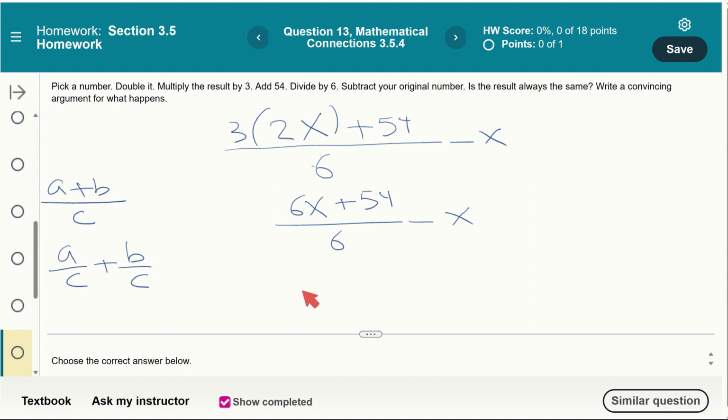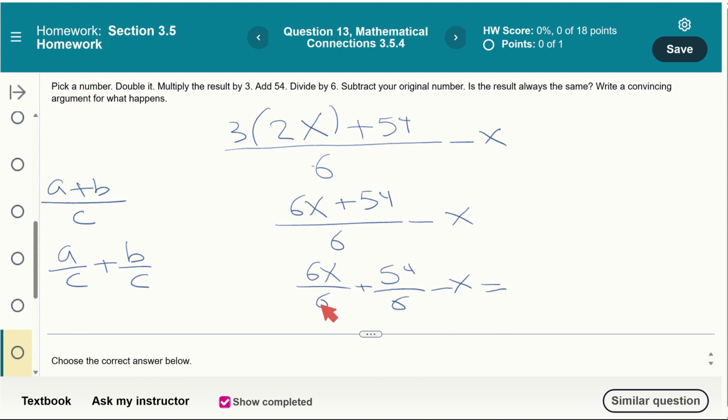And you can see this is kind of like the definition of combining like fractions in reverse, right? So we can write this as 6x over 6 plus 54 over 6 minus x, right?